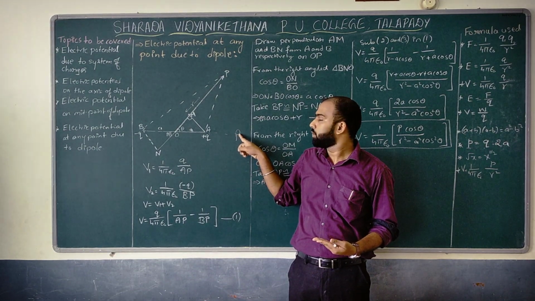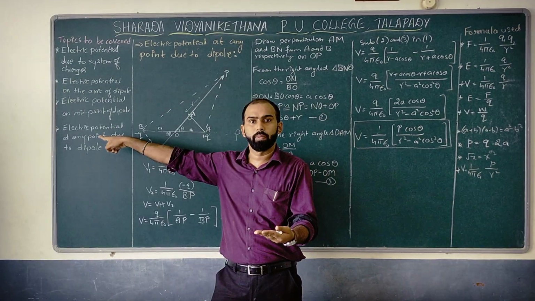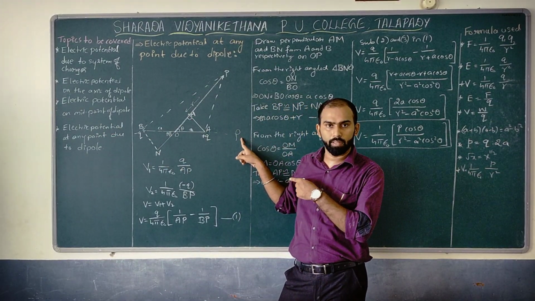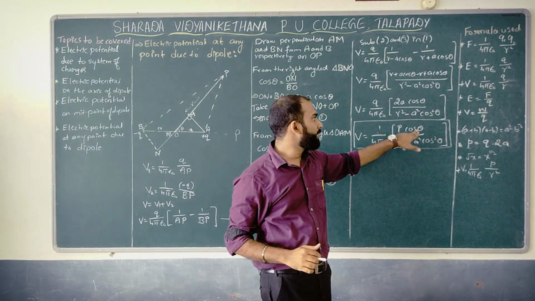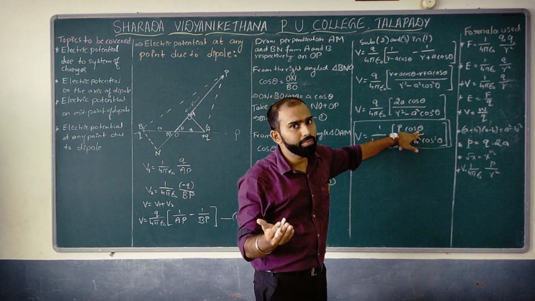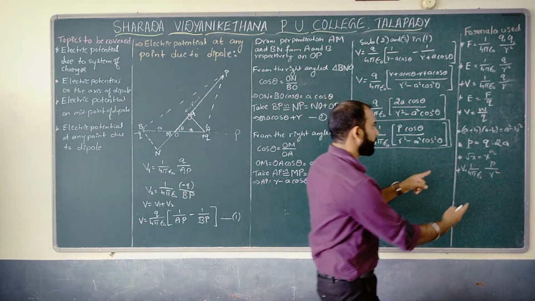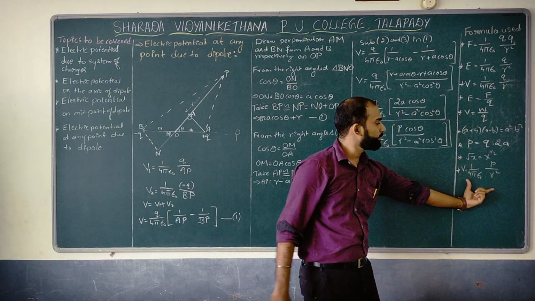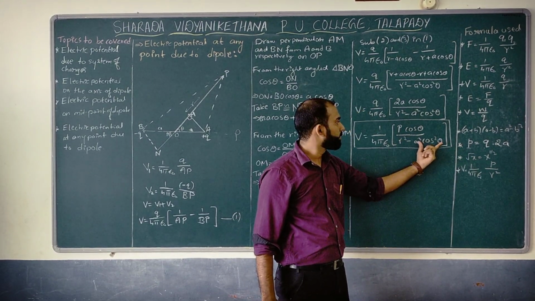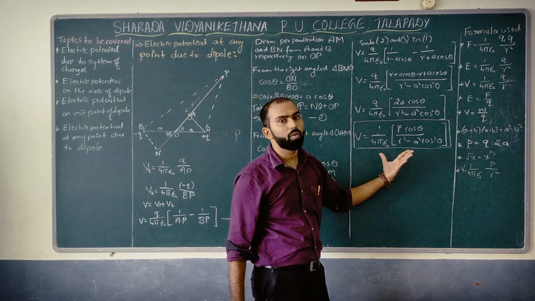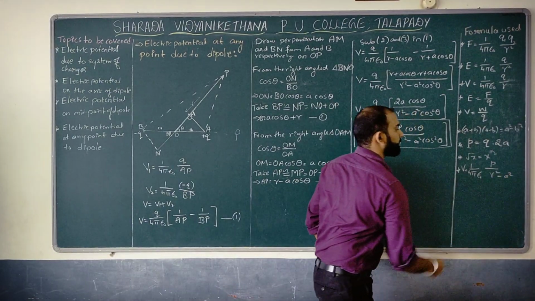If I keep this point P over here it is 0, and if I keep it over here it is 180, it doesn't matter actually. What is the value of cos 0? It is 1, into anything, which is nothing but this. Cos 0 is 1, so we have 1 into P. Are you getting? This is how exactly we can expect this formula over here.